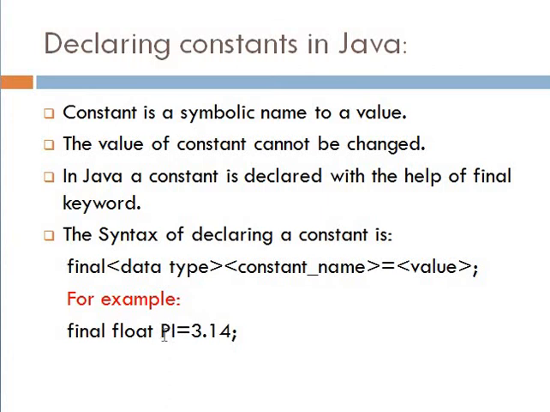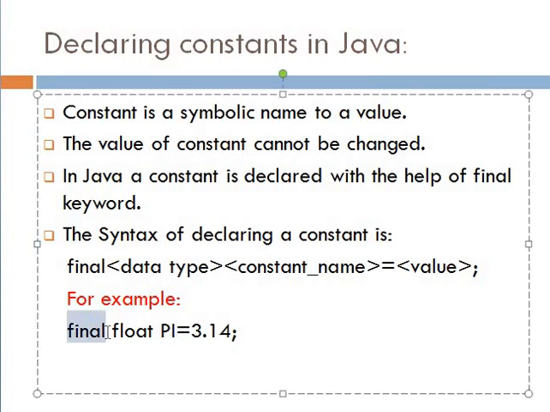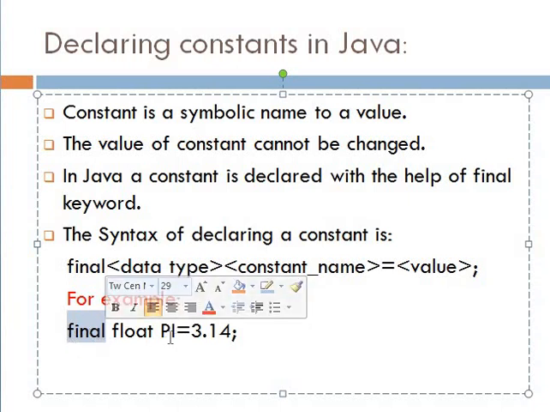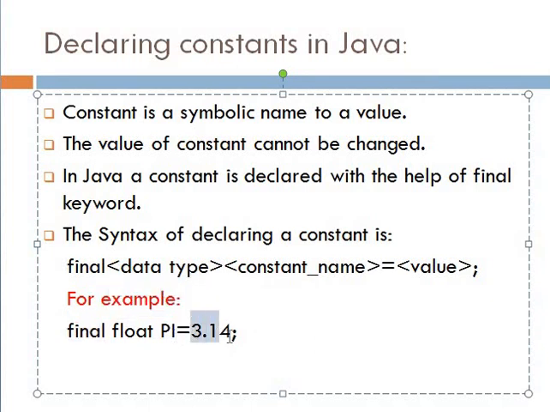Now we shall not use the term variable to denote pi, we shall use the term constant to denote pi. This is because pi has been preceded by the keyword final, and whenever pi gets preceded by the keyword final, it no longer remains as a variable, it becomes a constant, and then the value 3.14 which gets assigned to this constant called pi cannot change throughout the program.